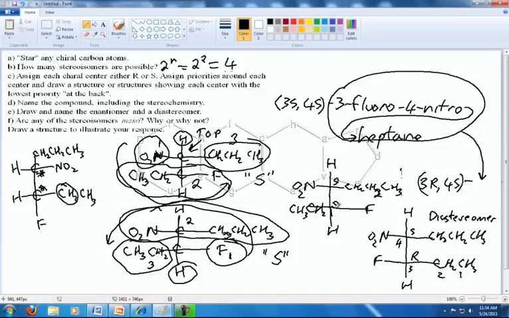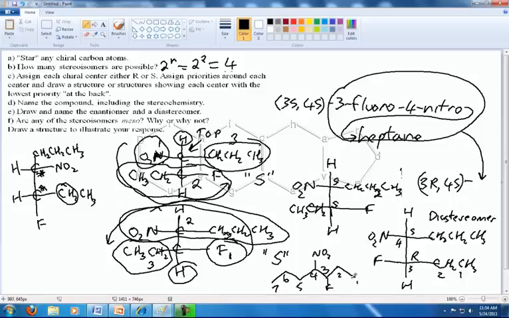Alright, just let me make one other thing clear, and that is when you've got the line structure, which I'll redraw down here, so that was the line structure we had.